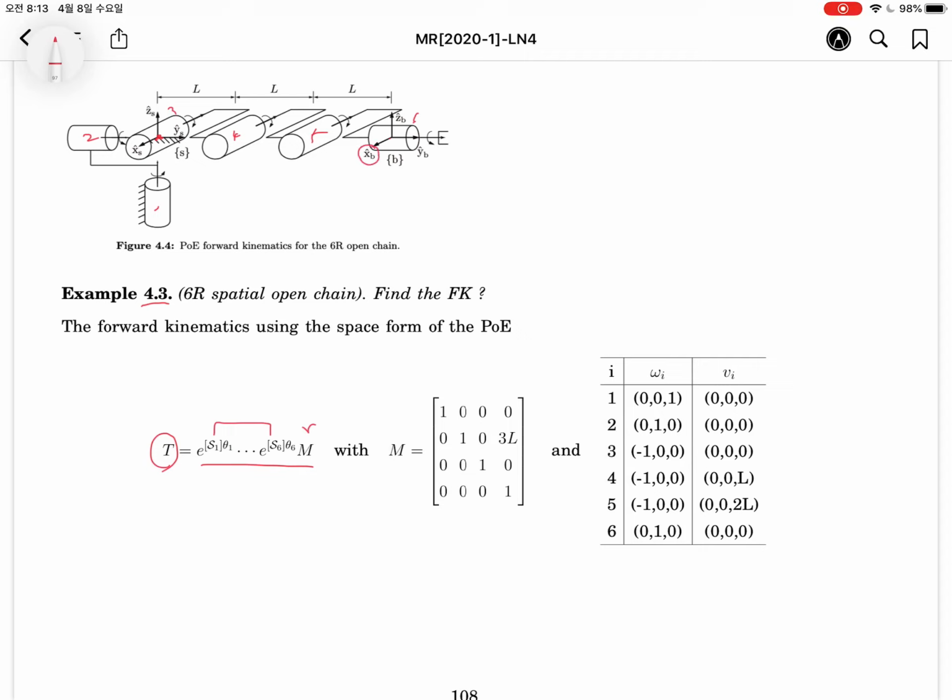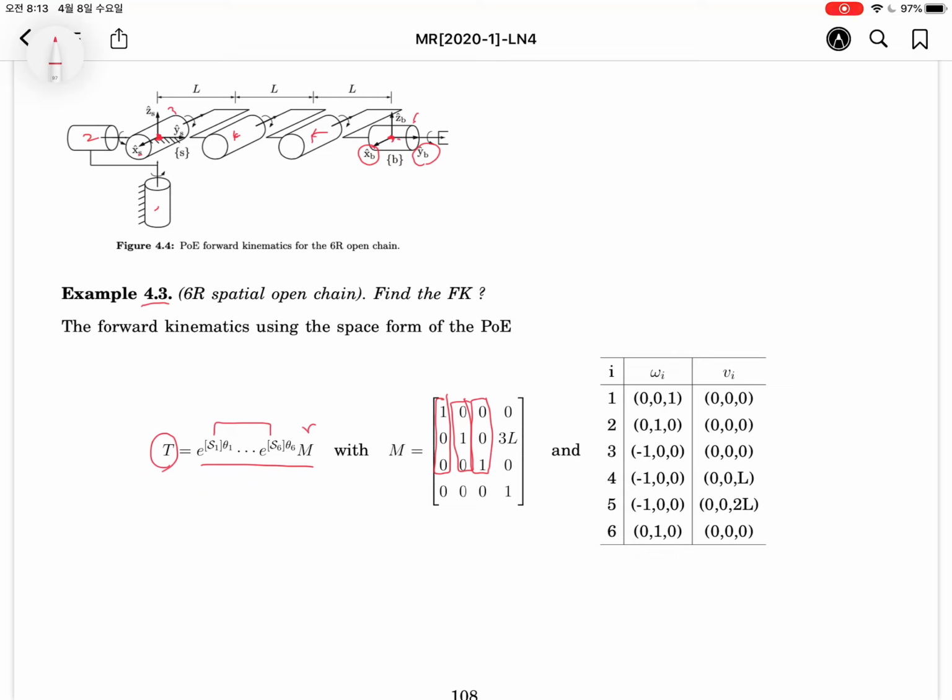The x axis is the same, so 1, 0, 0. The y axis is the same, so 0, 1, 0. The z axis is the same, so we have the identity rotation matrix. Actually, both frames are the same. Now let's read the position of the body frame in terms of the space frame.